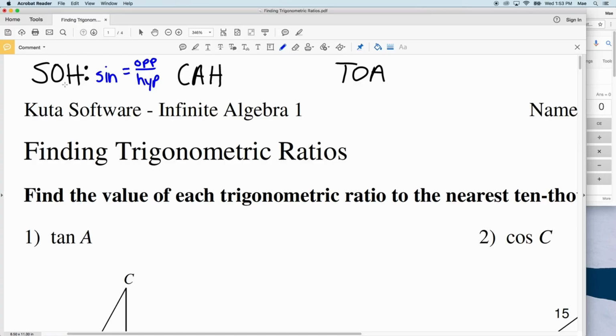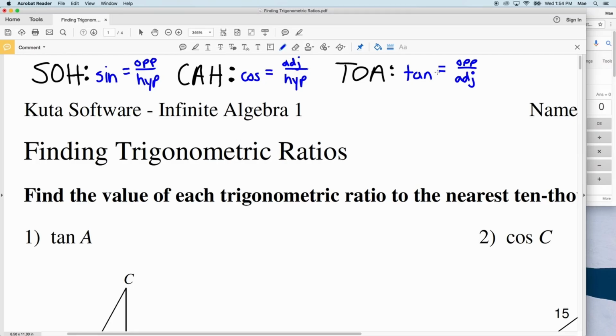O is for opposite, H is for hypotenuse, and S is for sine. For CA, it's cosine, C, equals adjacent, A, over hypotenuse, H. And then lastly, TOA, tangent equals opposite, which is the O, over adjacent, which is the A.